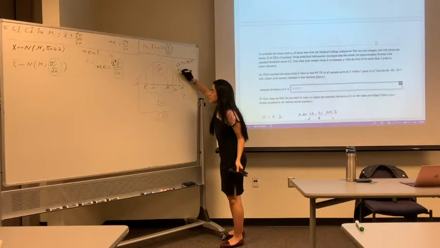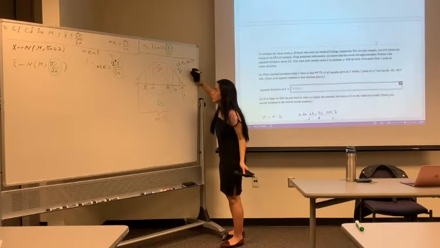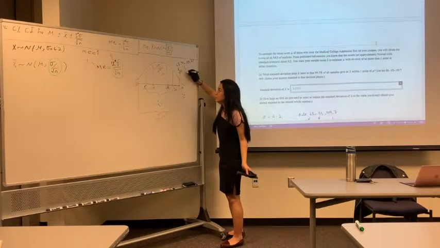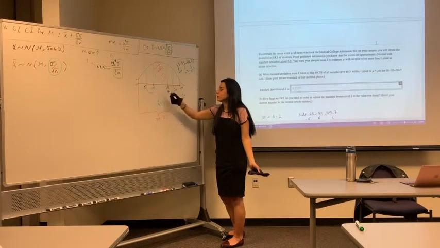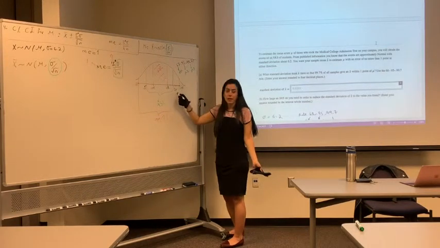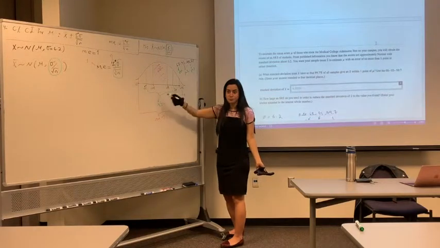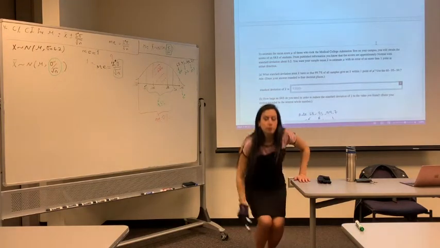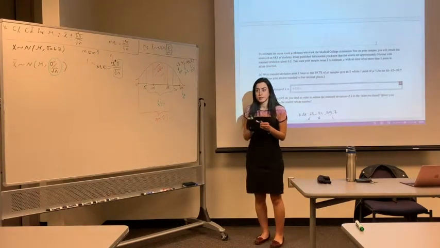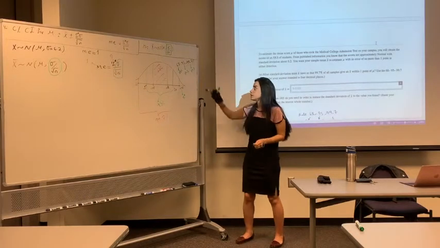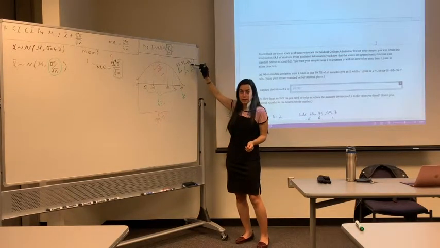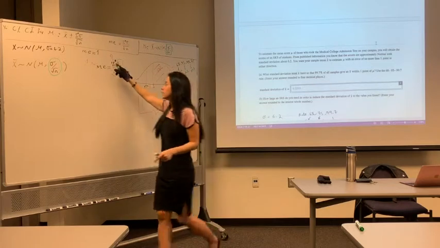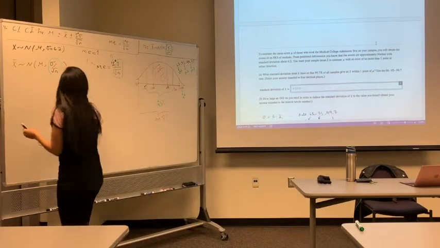For this one, z star will be 1. For this one, z star is 2. For this one, z star is 3, because it says 1 sigma, 2 sigma, 3 sigma. So now I know what z star is. Z star is 3 because we are talking about 99.7%, right? So I will rewrite this.